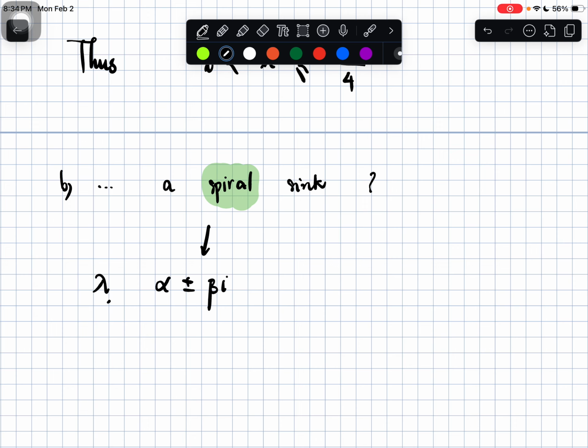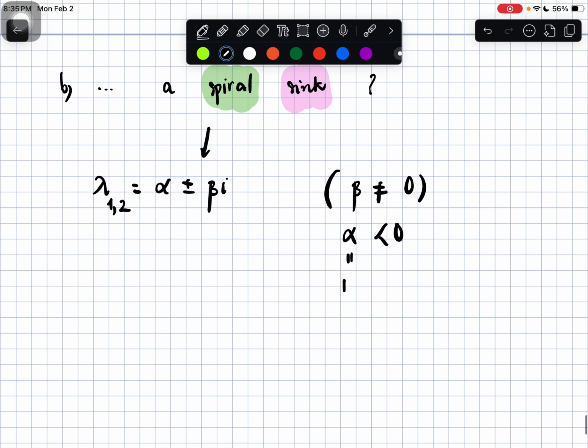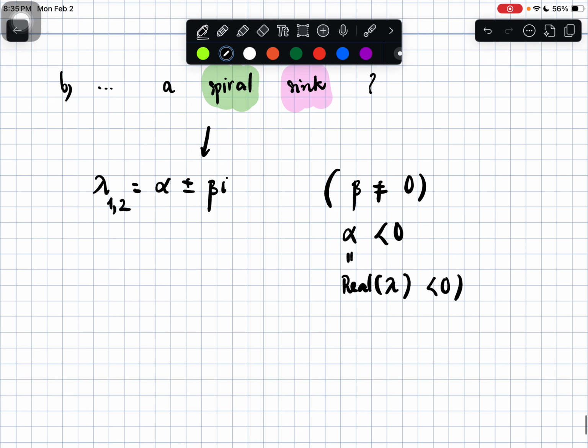So these are our eigenvalues, with imaginary part beta non-zero. That's the first thing. The second thing is that this is a sink, so we want the real part to be negative: the real part of lambda 1, lambda 2 negative.